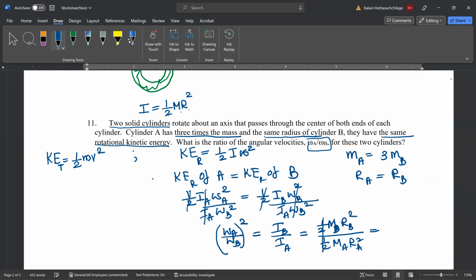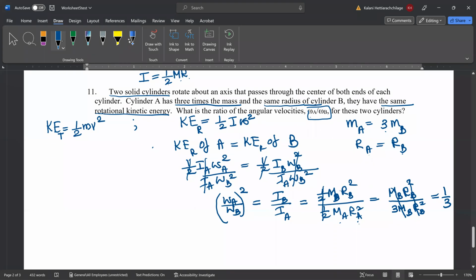Now I'm going to write it in terms of B. So M B I'm just going to keep as it is, M B R B squared, divided by M A R A squared. M A equals 3 M B, so I write 3 M B. And R A is equal to R B, so R B squared. As soon as you do that, you see this cancels out, this cancels out, and then you have 1 over 3 left.